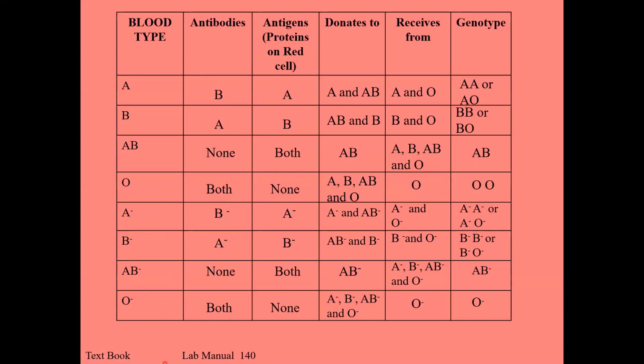So here's my question to you. Pay attention here now, this is A positive. Can you give A positive blood to an A negative person? Yes, but only once? Absolutely wrong.